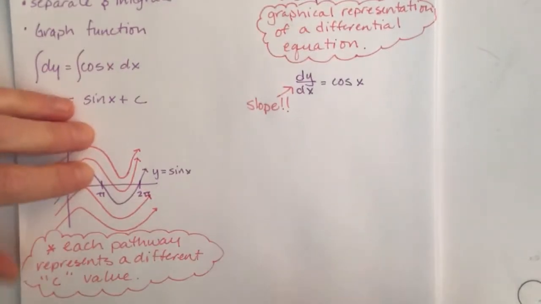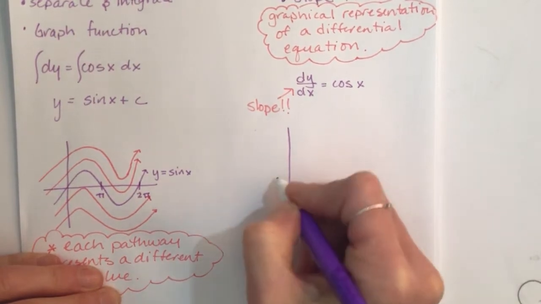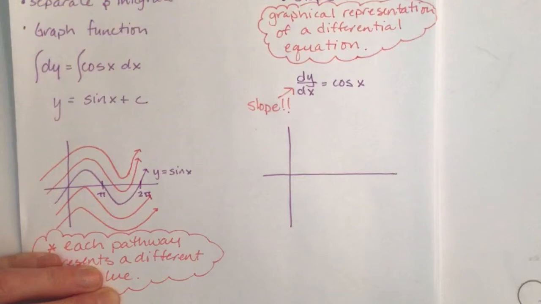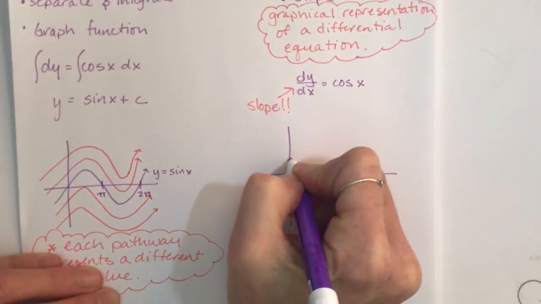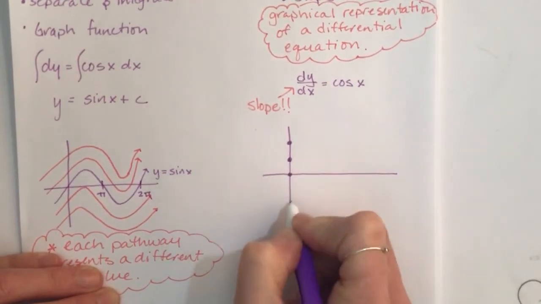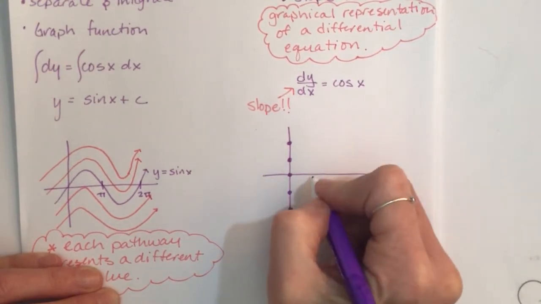If we have our graph here, can you see that? Okay, and for a slope field, you'll see the slope field usually has these dots, where we put our little slopes.